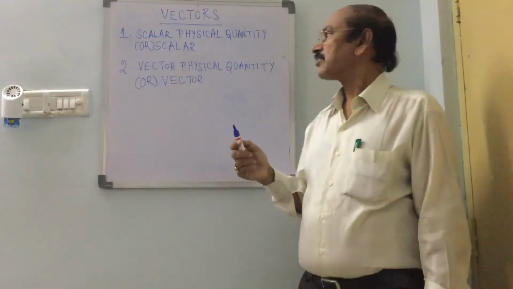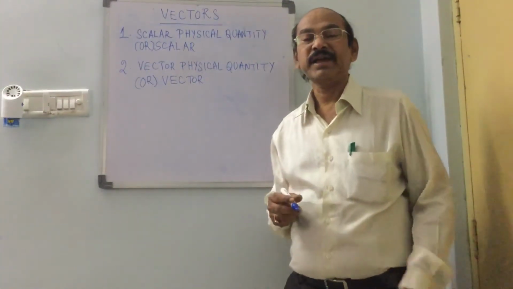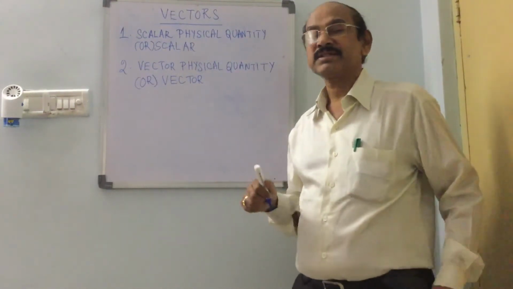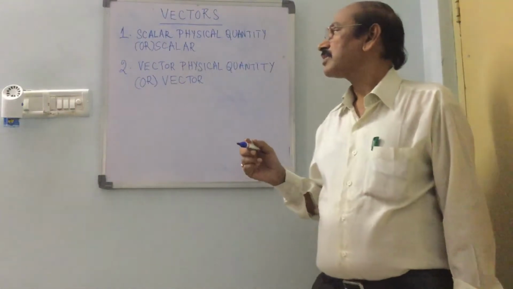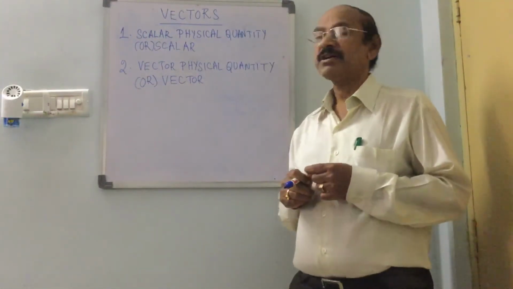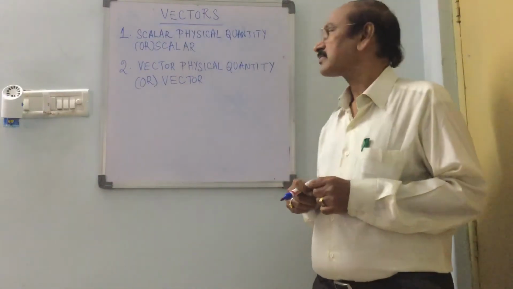The physical quantity which has both magnitude and direction is known as vector physical quantity. Vector physical quantity is simply called a vector.